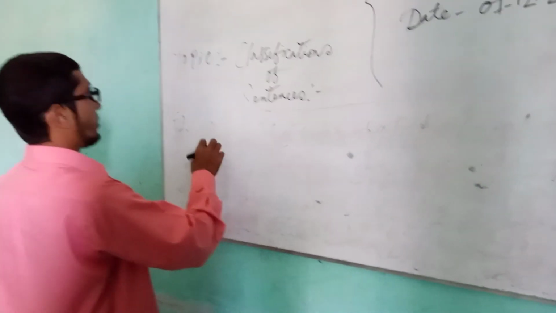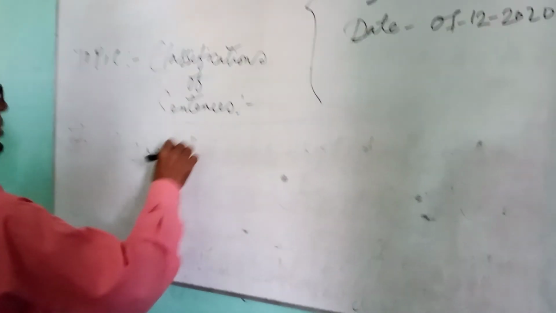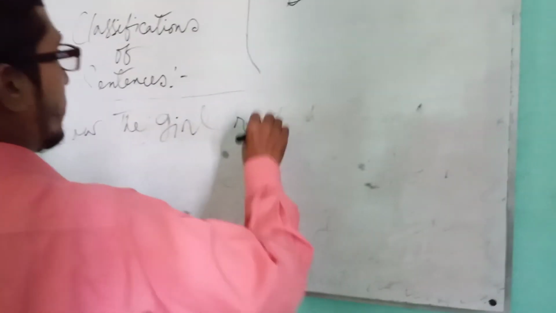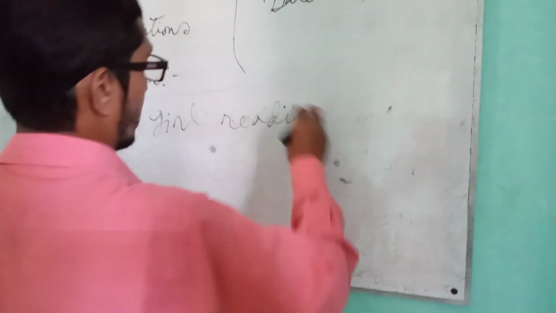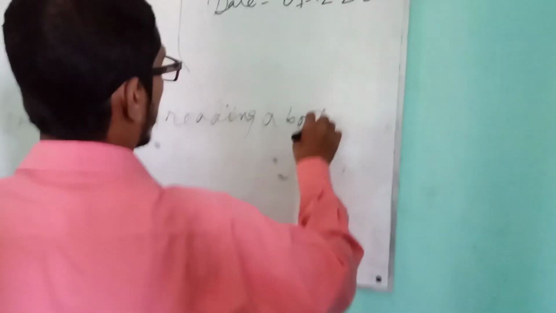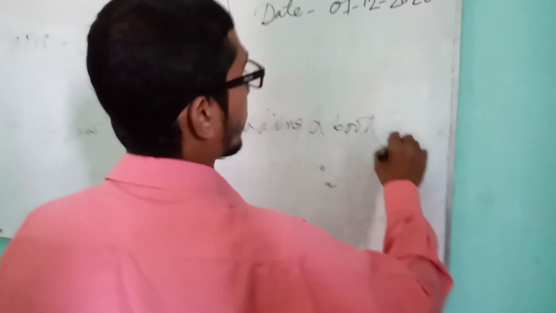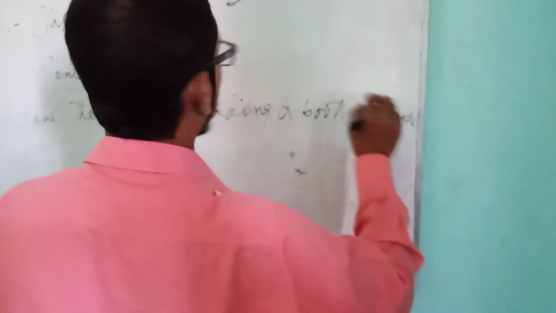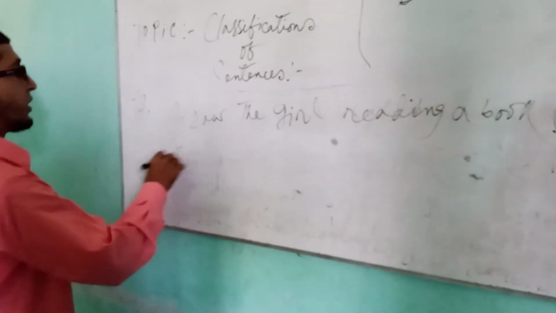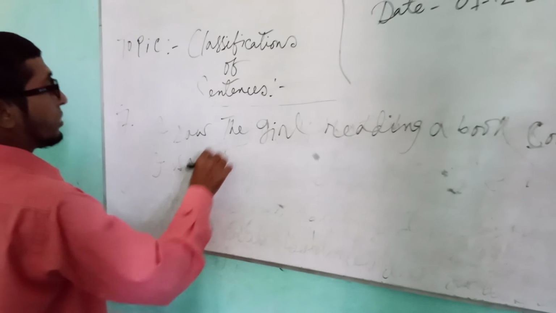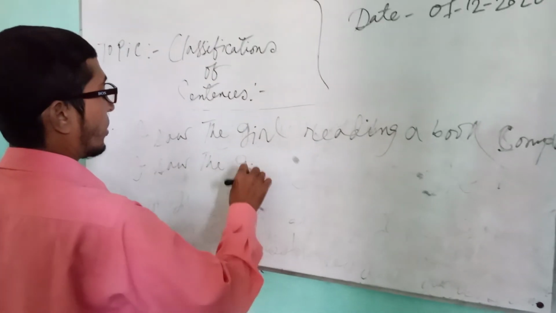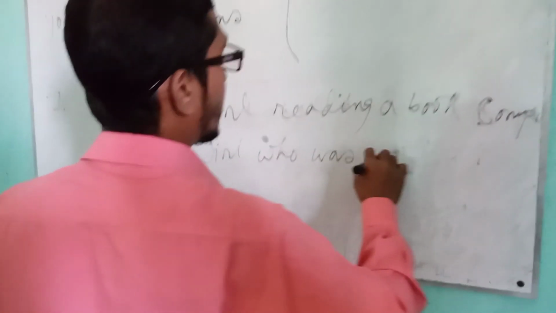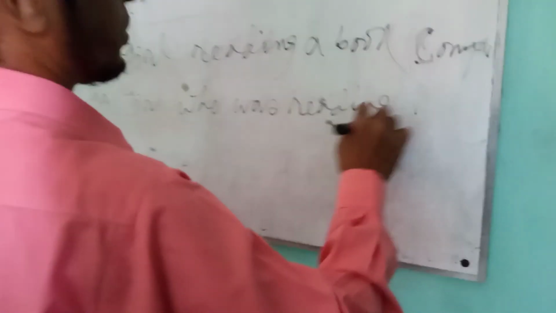Please observe here very carefully. "I saw the girl reading a book." So it is a simple sentence. If you want to make a complex sentence: "I saw the girl who was reading a book."